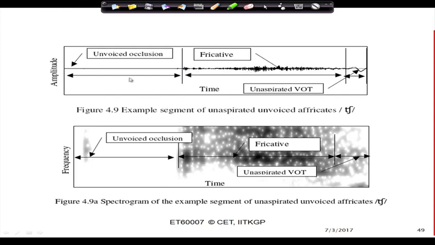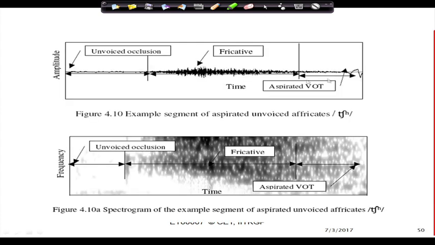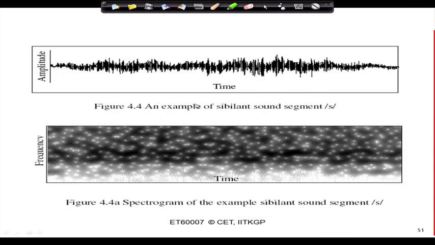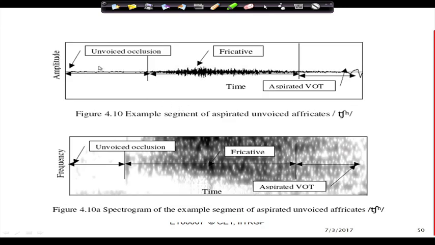If the occlusion is unvoiced, friction is present, and VOT is unaspirated, then it is cha. If the VOT is aspirated, then it is chha. If this portion is voiced, then it is ja, jha.